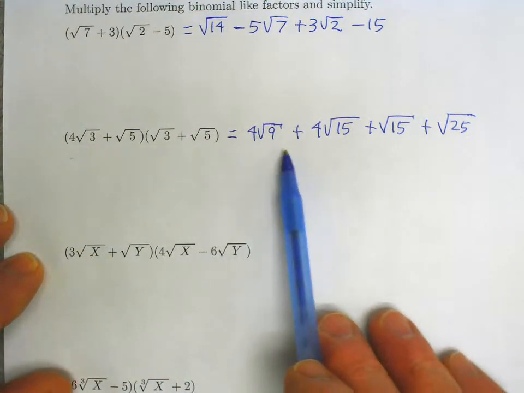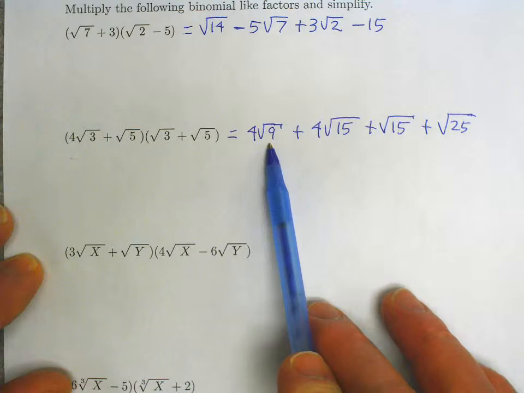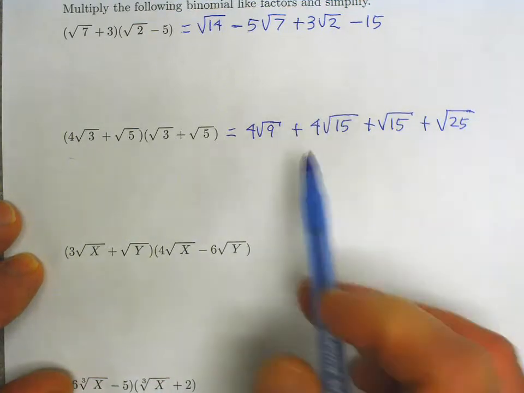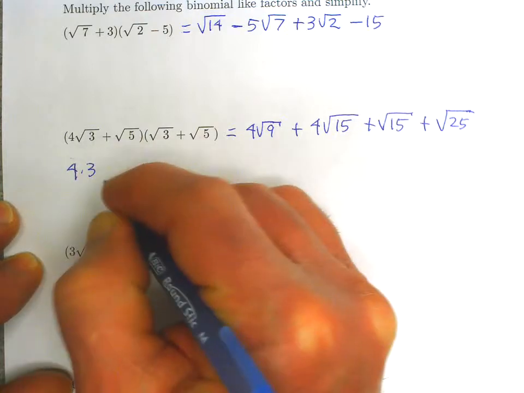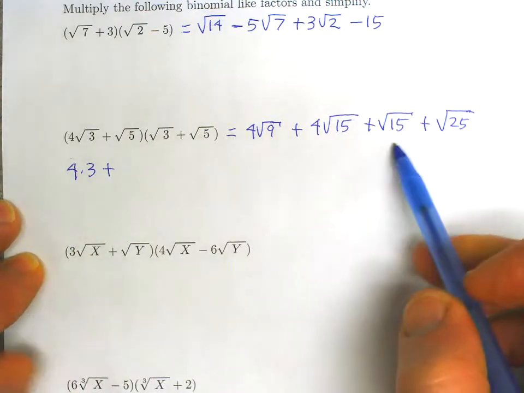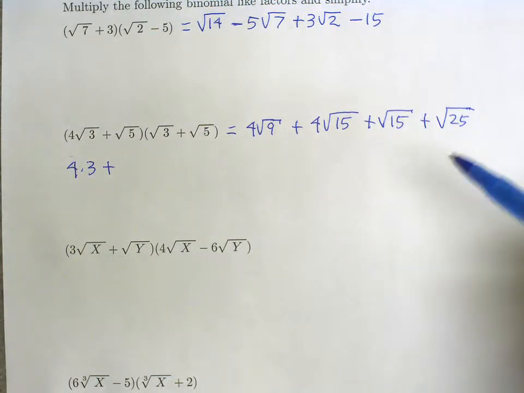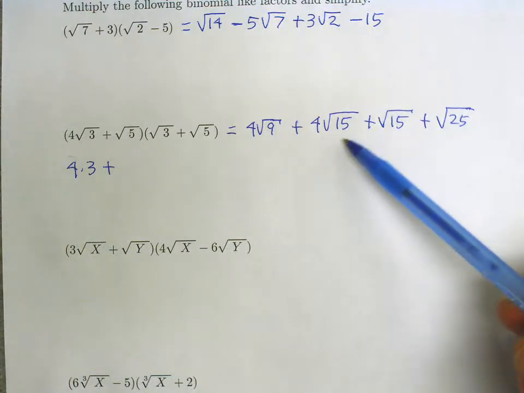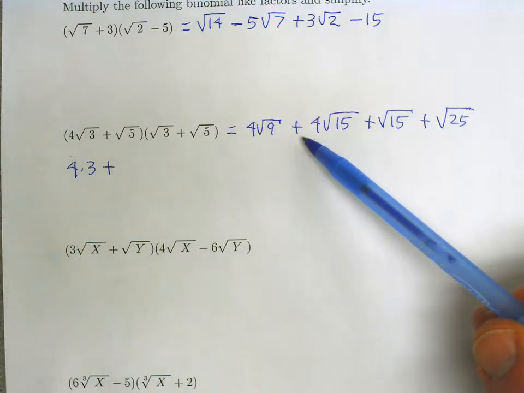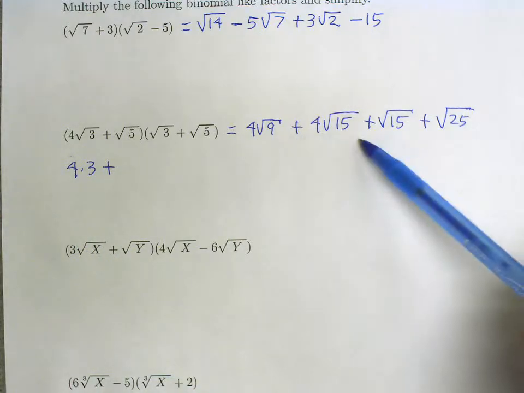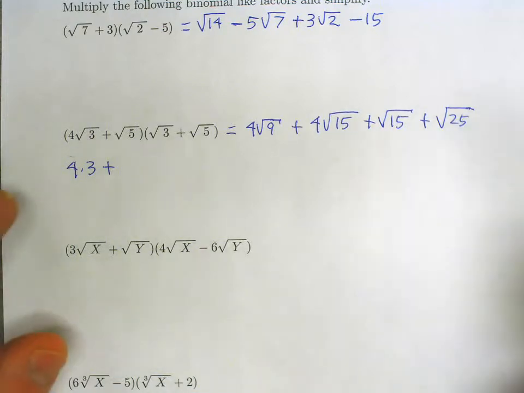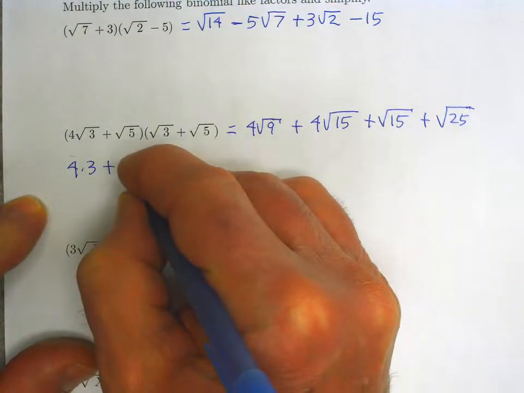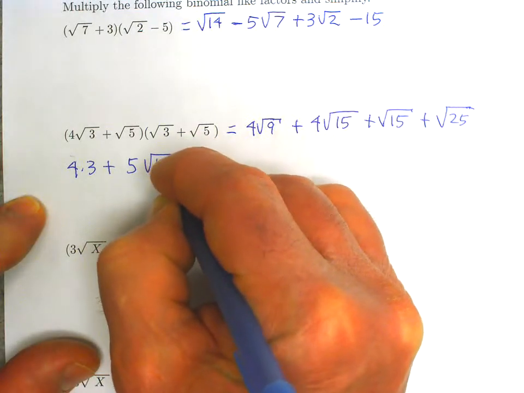And we can simplify the square root of 9 to 3. So this becomes 4 times 3. The two middle terms are like radicals, and they are already as simplified as they can be. So we can combine 4 times the square root of 15 plus 1 times the square root of 15 to get plus 5 times the square root of 15.